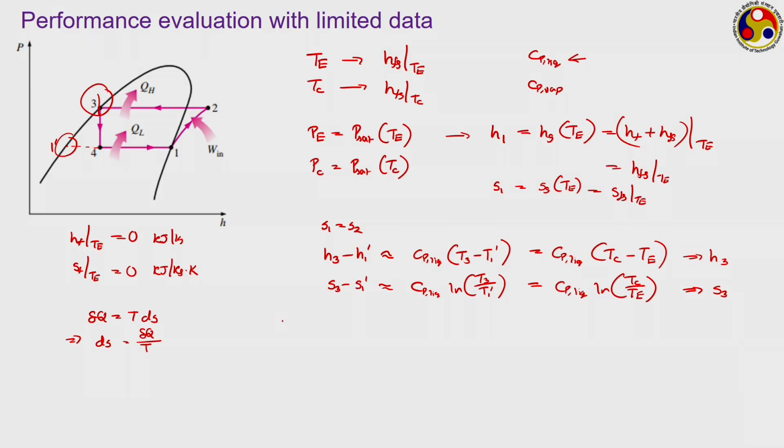For the condensation process, we know that Q dot C is equal to m dot into H2 minus H3, or Qc is equal to H2 minus H3. Now, H2 minus H3 can be written as H2 minus H2 prime plus H2 prime minus H3, where 2 prime refers to this particular point.